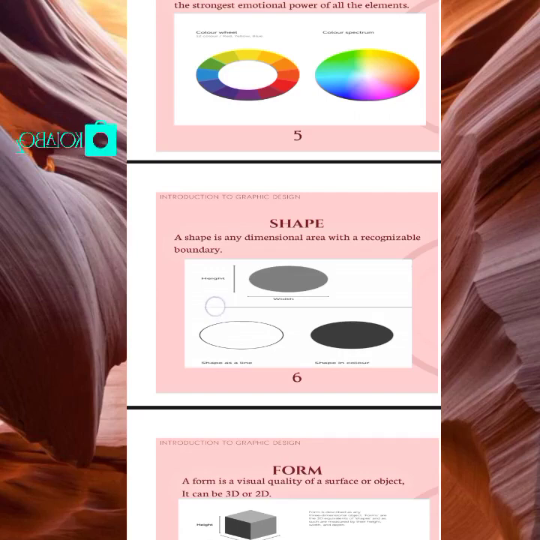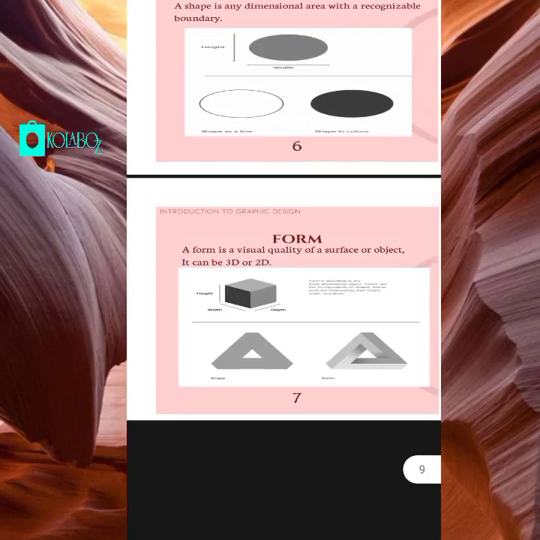The next one is form. A form is a visual quality of a surface or object. It can be 3D or 2D. A shape is one-dimensional. It has two measurements, the height and the width.